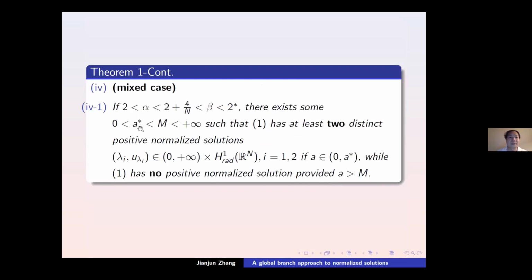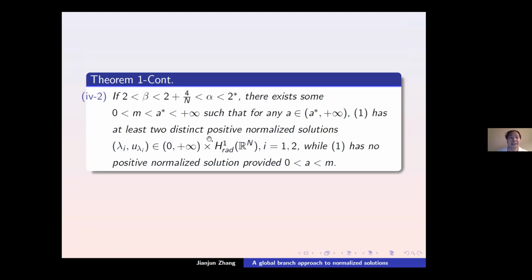Now we consider the mixed cases. If the problem is mass subcritical near the origin and mass supercritical near infinity, we can find two positive constants, A star and M. We show that the problem has at least two different positive normalized solutions if A is small, and the problem has no positive normalized solution if A is large enough.